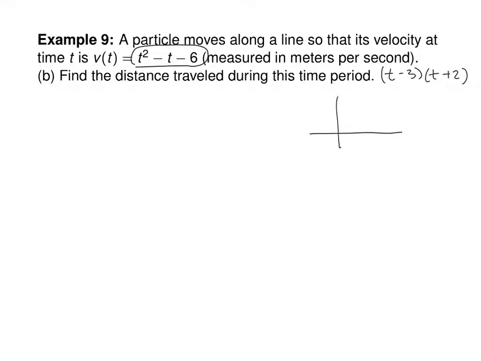So that parabola has t-intercepts at negative 2 and 3, and it looks like this-ish, right? So this distance, we care about the distance from 3 to 4. And this is in seconds, and this is meters per second.